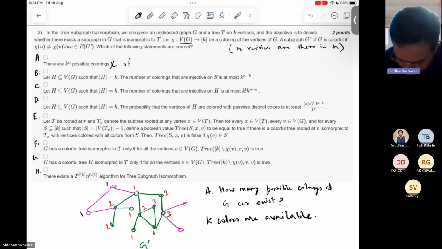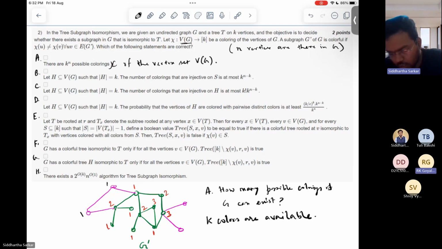Chi is defined on the vertex set of G, because chi is defined on the entire vertex set. So this is what the statement means: there are k to the power n possible colorings chi of the vertex set of the original graph G, without violating the constraint, or in general the total possible colorings.